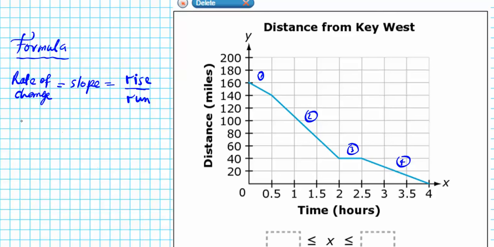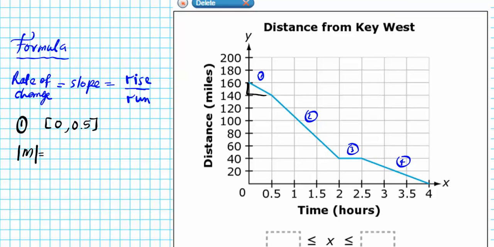Interval number 1, from 0 to 0.5. Our slope, m, or rate of change, or the speed, we're looking at the absolute value too, is the rise over run, right? So if we draw ourselves a nice little growth triangle right here, that's your rise, and that's your run.